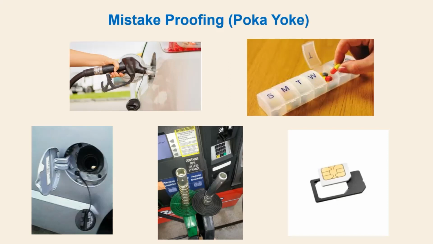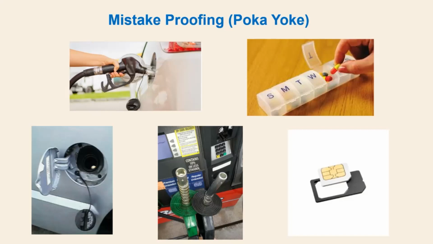So when we look at our processes and when we set up our processes in our university or in any type of higher educational institution, we have to make sure that we create some processes which can prevent any mistakes. We don't want any mistakes to happen, especially related to examination processes.